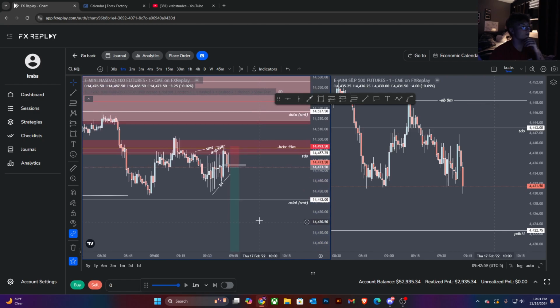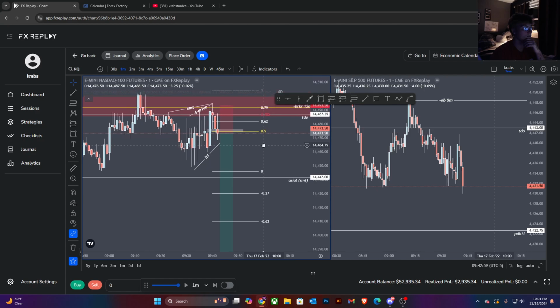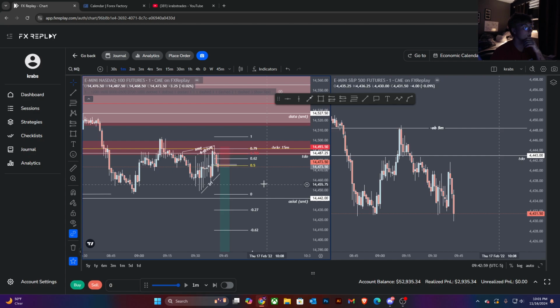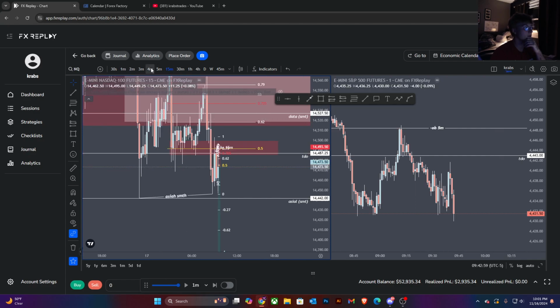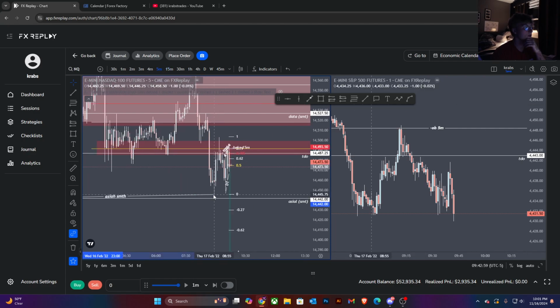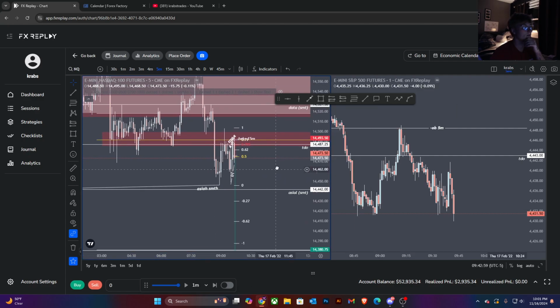But the risk here is pretty good. Respecting OTE as well. But yeah, we'll try this. TDO respected, breaker respected, 15-minute fair value gap respected. This looks good for a run lower. Don't think this Asia low SMT is holding here.